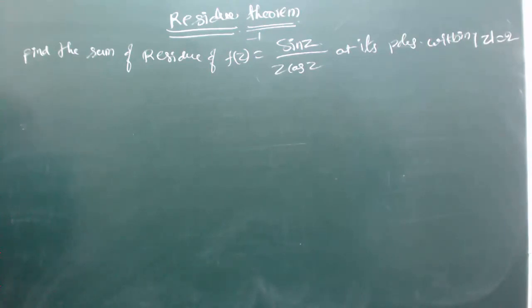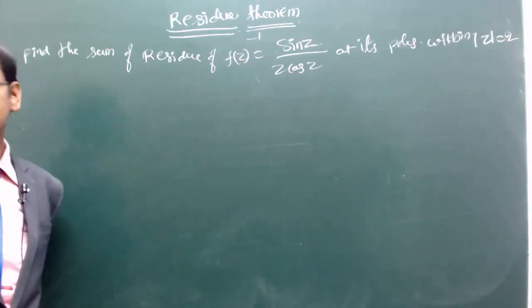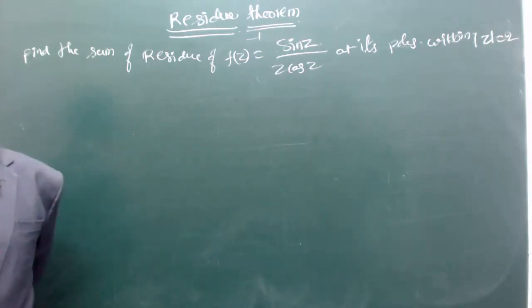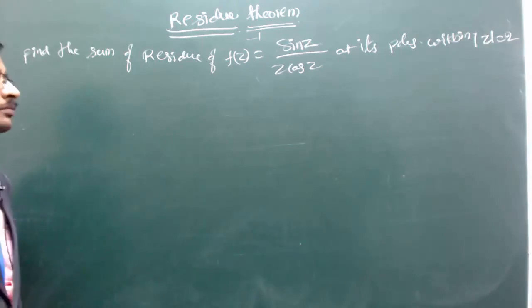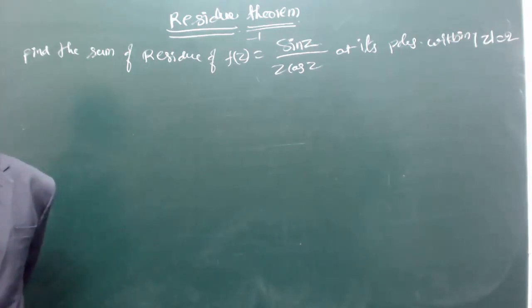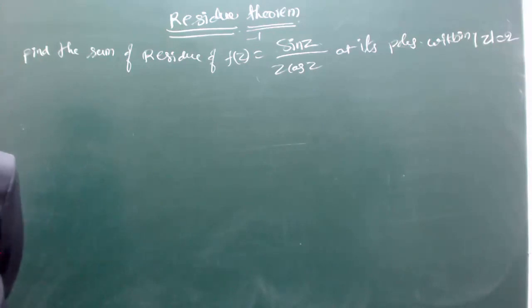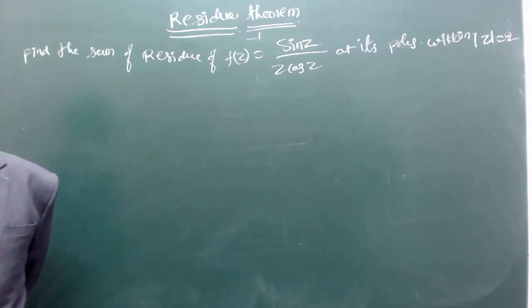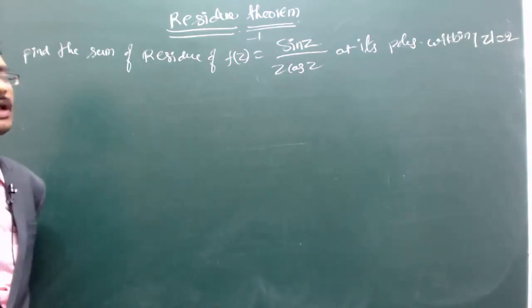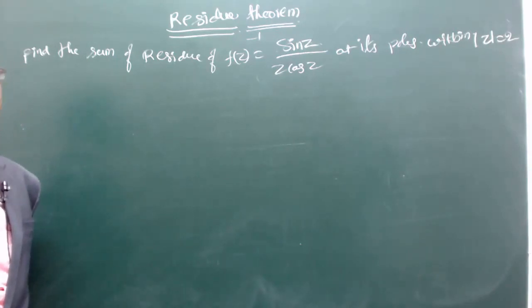At one pole it is 2 by pi. That's correct. But in total there are 3 different poles. Anybody got the answer? So at one pole it is 0, at another pole it is 2 by pi, and there is one more pole.